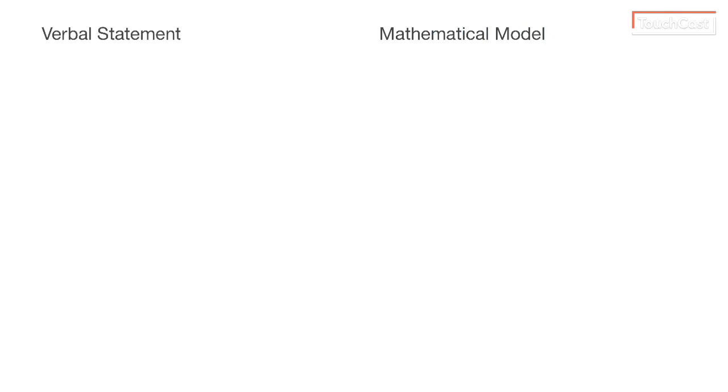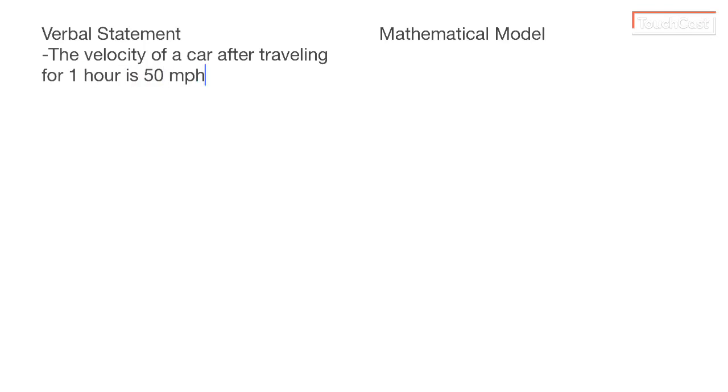Now, verbal statements. The first one is going to be the velocity of a car after traveling for 1 hour is 50 miles per hour. Then I'm going to give us a little space to write the mathematical model in a second.